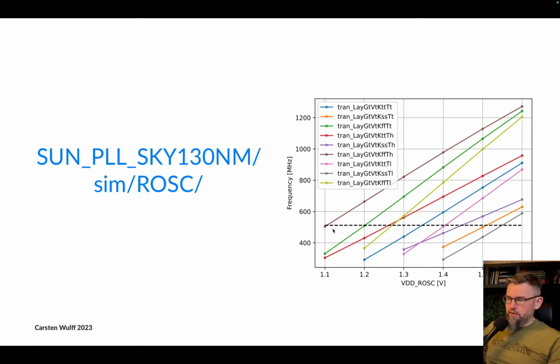In the case here, I think the derivative is about 1.6 gigahertz per volt for the typical corner. But the important part is your ring oscillator needs to have coverage of the frequency that you actually want out, in this case 512 megahertz. It needs to have that across all corners.